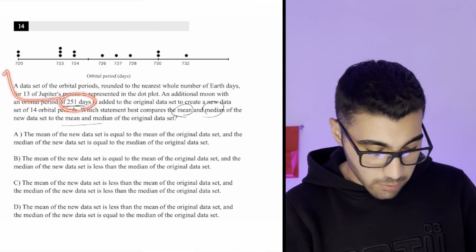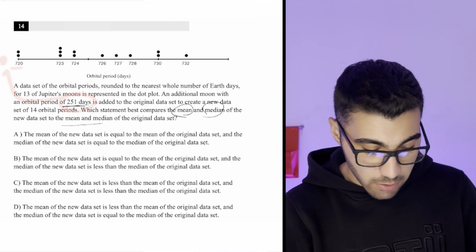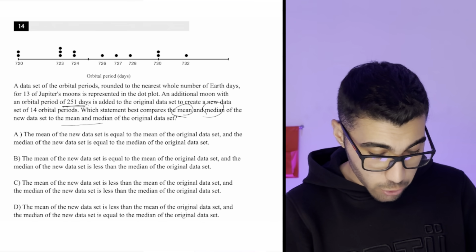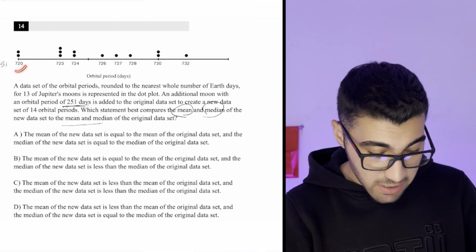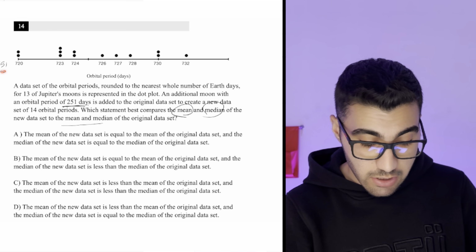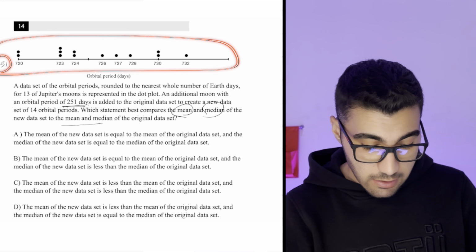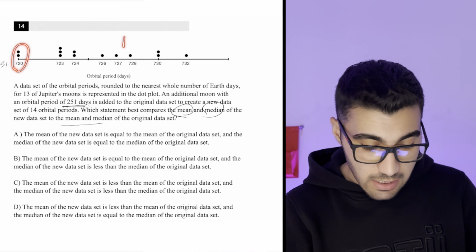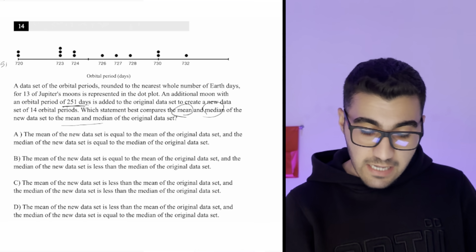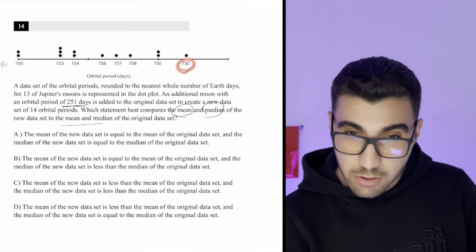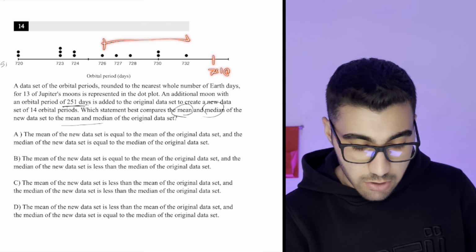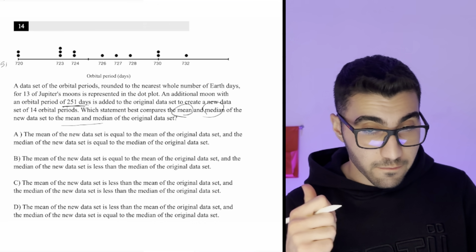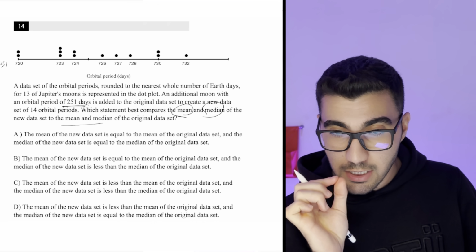These are like 720, so it should be a value here which is less than the minimum value. You added new data that is less than the minimum value, so the mean is going to decrease. If you added data that is larger than 732, which is the maximum value, like let's say 740, the mean will increase. So here by just looking, you got that the mean is going to decrease.